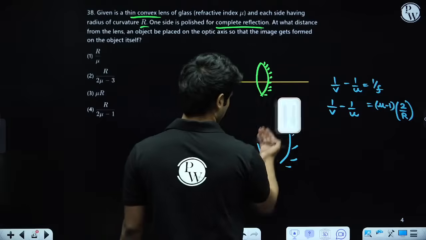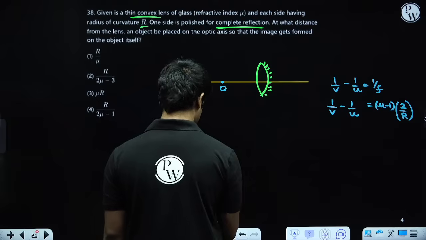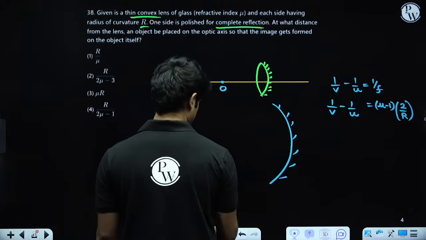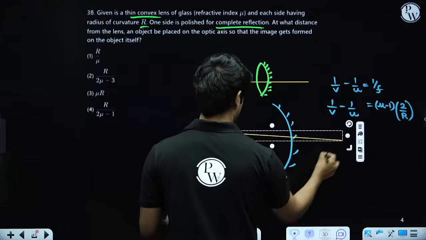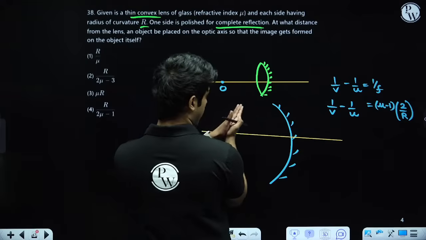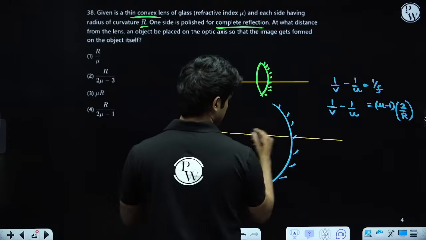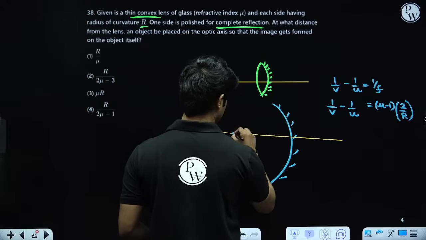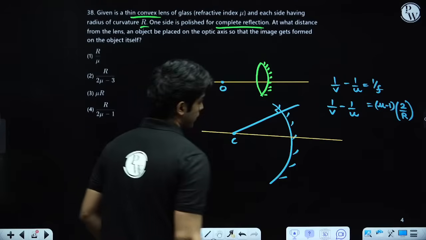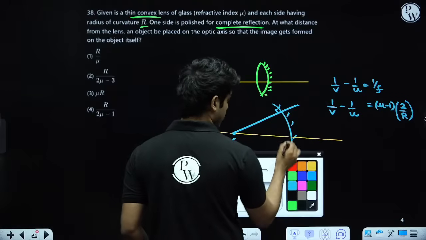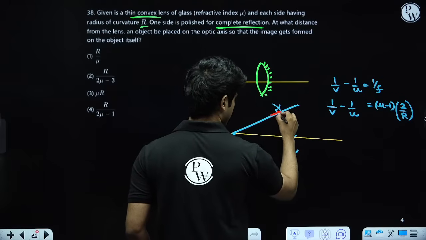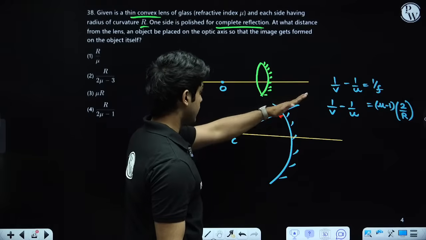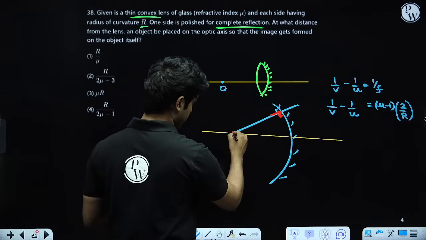So if this is the concave mirror, and this is the optical axis, once the ray comes after being processed by the lens, if this is the center of curvature, this will be the normal, right? I want that ray to hit the mirror perpendicularly. Perpendicularly meaning that if you backtrace that ray, it should be coming from the center of curvature.